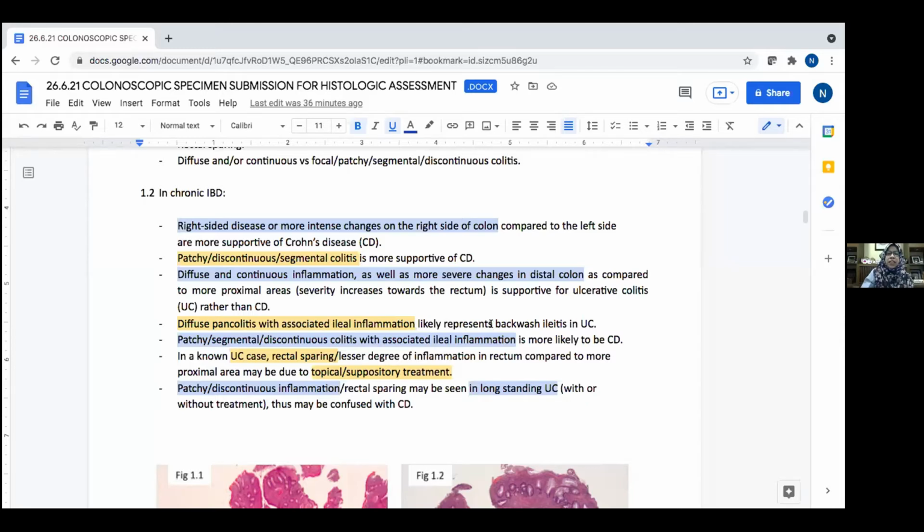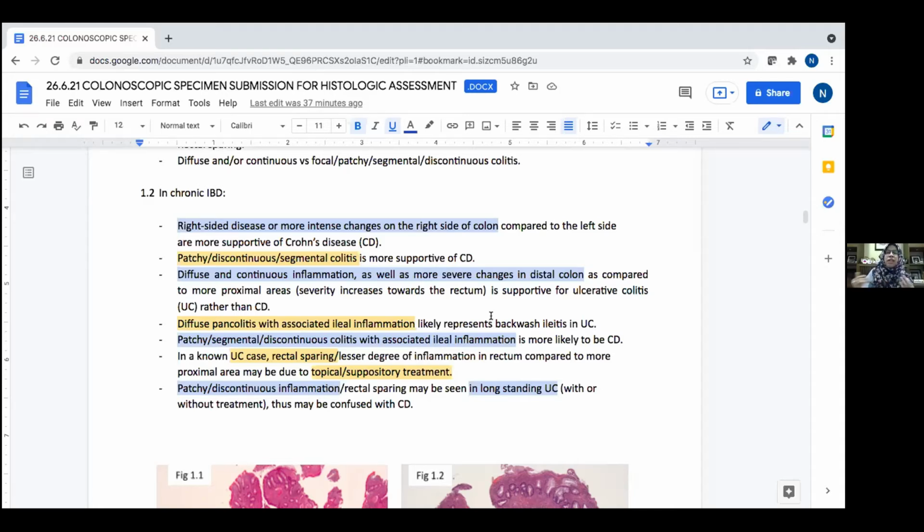Caveat to this statement is that sometimes I've seen a few cases of Crohn's disease, but to the colonoscopist it looked as if it's pancolitis, giving a clinical impression of ulcerative colitis, but it's actually a case of Crohn's disease with superimposed acute inflammation.